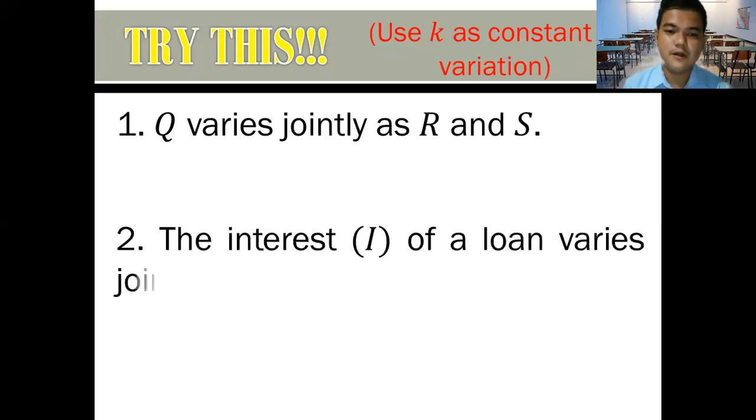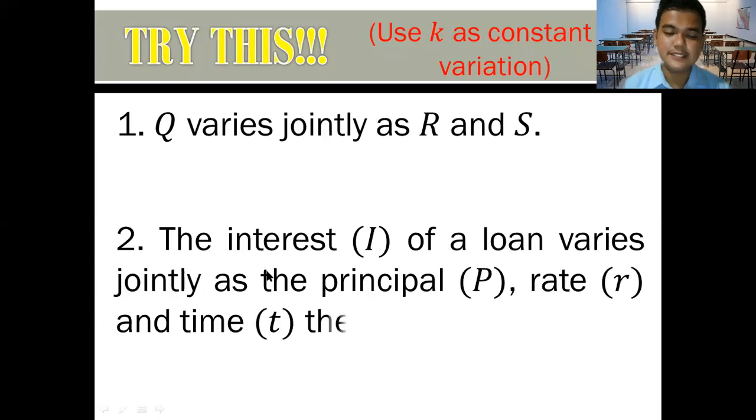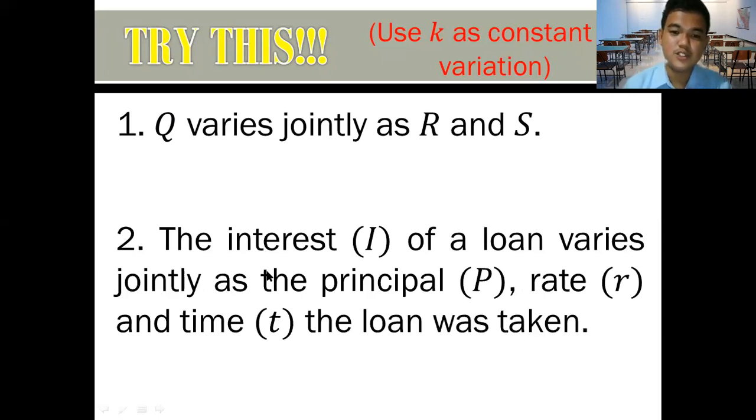So another try this problem is this. The interest of a loan varies jointly as the principal, rate, and time of the loan was taken. So if you answer this already, send it to me through Messenger. So kapag nasagutan nyo na sa notebook nyo, picturean nyo at isend sa akin through Messenger. And let's see if tama yung naging solution nyo.